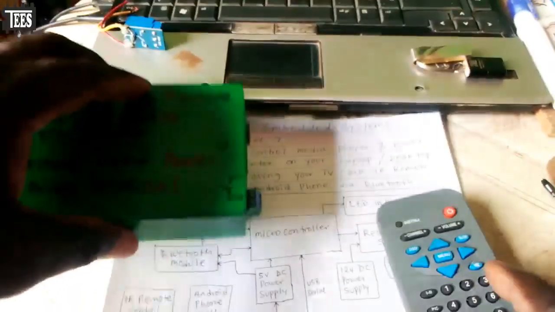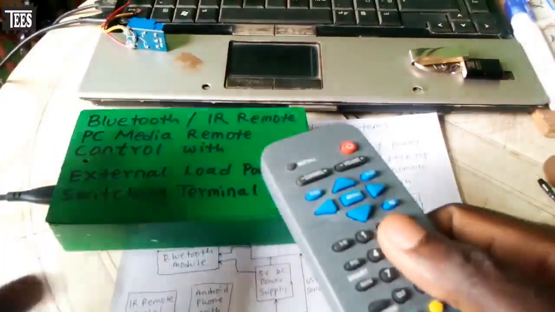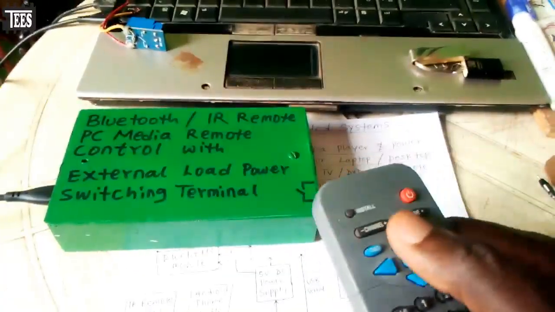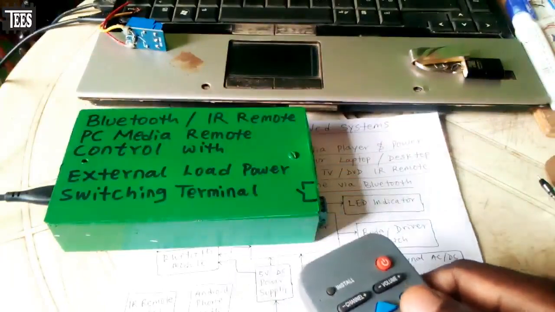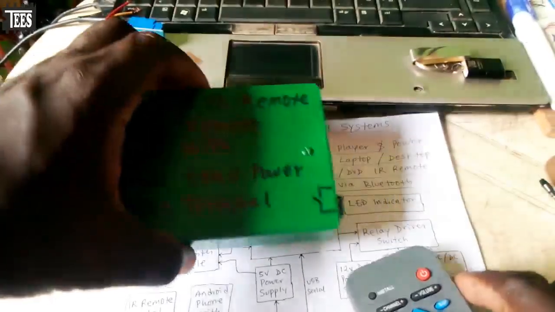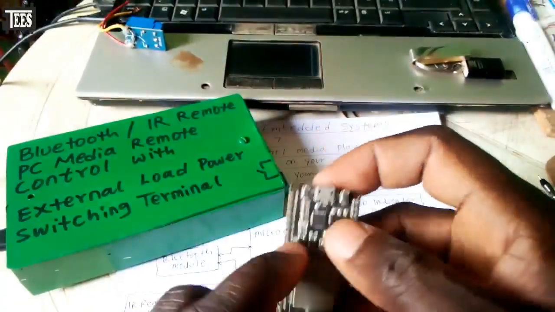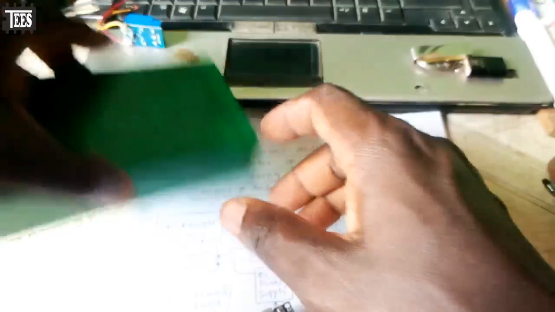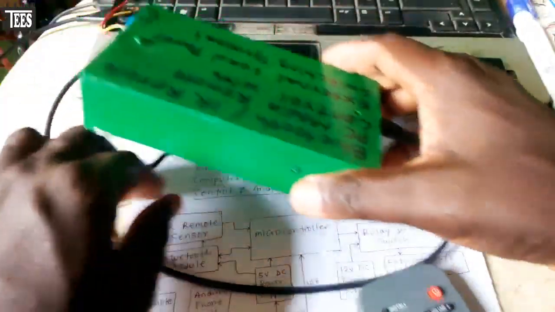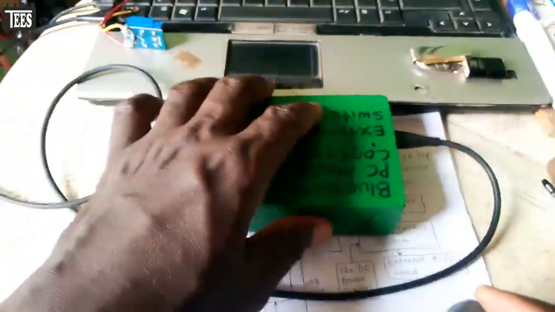So with this I can control my PowerPoint presentation using an infrared remote control. And not just that, this system has inbuilt Bluetooth, which means I have also developed an Android app that connects with this. It doesn't depend on whether your desktop computer has inbuilt Bluetooth or not.